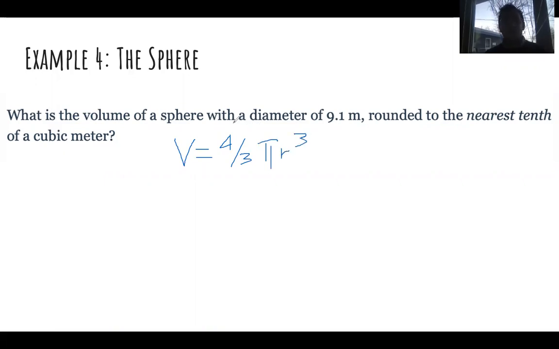Now, the good news is you are provided with pretty much everything. So if the diameter is 9.1, this means that your radius is 9.1 divided by 2. When I do that, I get 4.55.